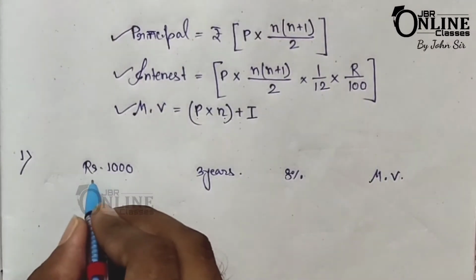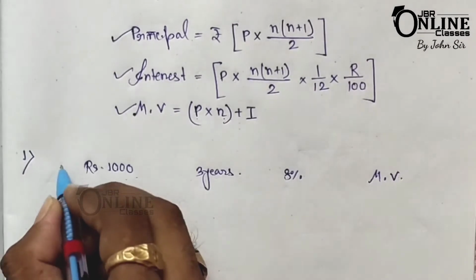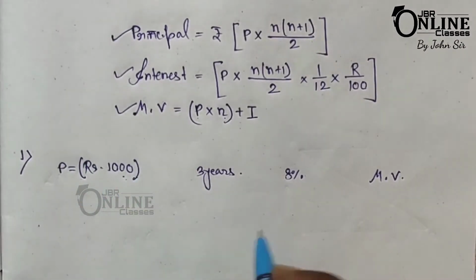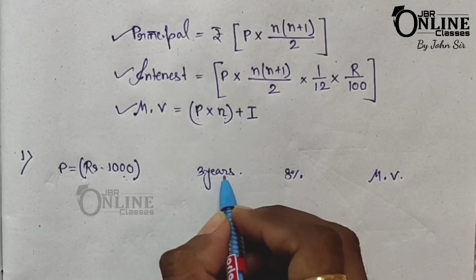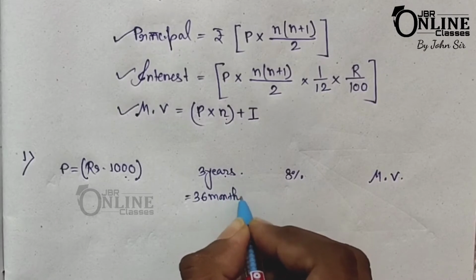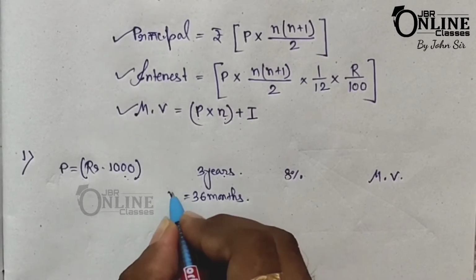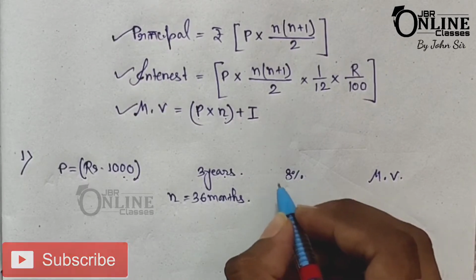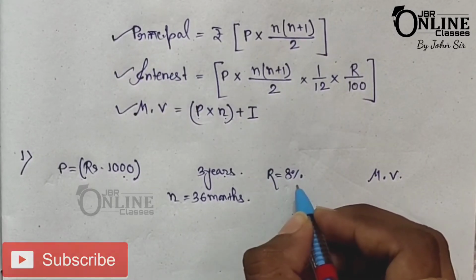Here deposit per month is rupees 1000, that means P equal to rupees 1000. Time equal to 3 years, and 3 years means 36 months, so n equal to 36. Rate equal to 8%, so R equal to 8%.